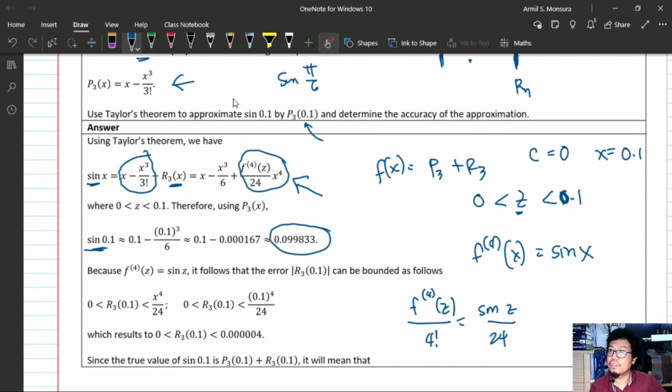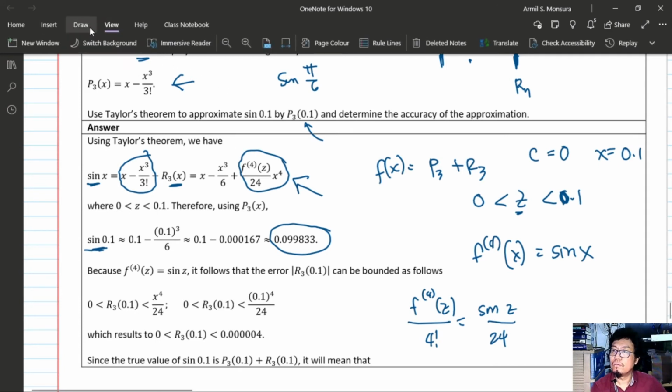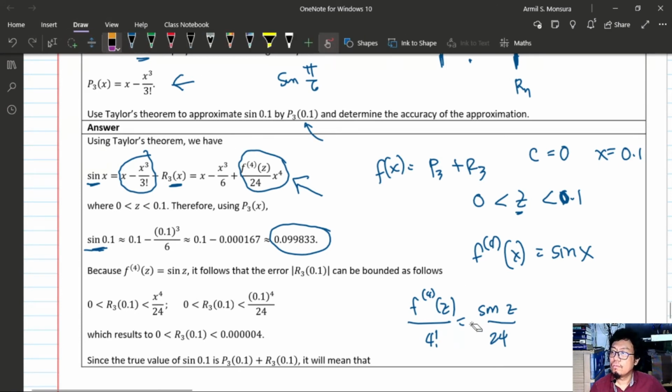That is equal to sin z times x raised to 4 over 4 factorial, or 0.1 raised to 4.